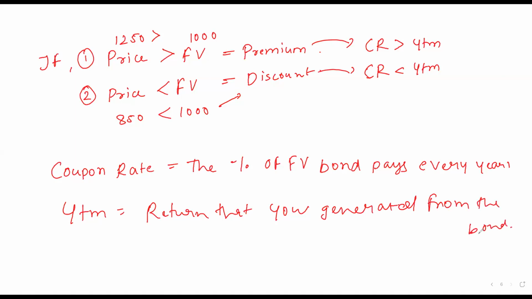SK, if the bond is priced at 900, the price of the bond is 900, and future value, or face value, is 1000.